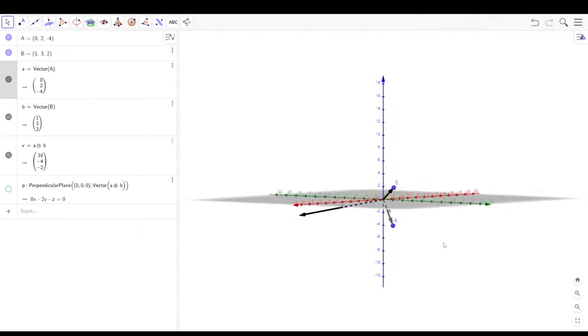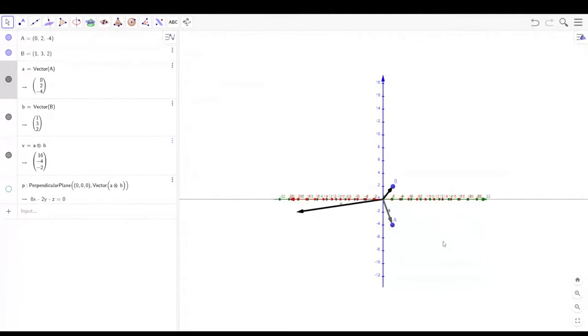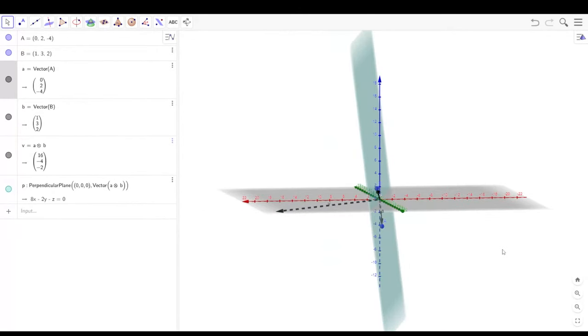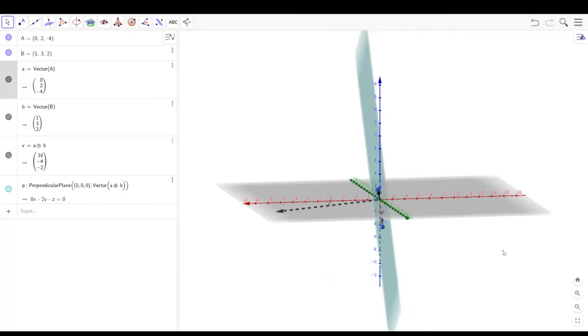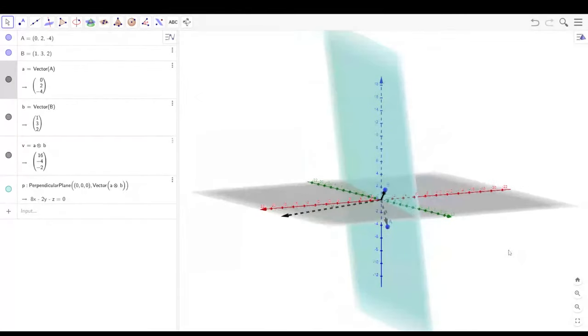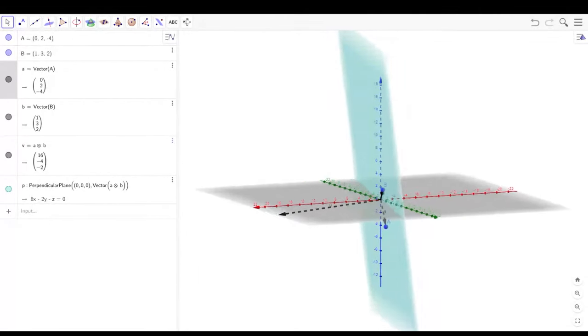Okay. So what does that third longer vector actually mean? Well, I'm glad you asked. Let's look at A and B for a second. I'll put in the plane containing A and B and also going through the origin. So now you've got a plane that is parallel to the vectors A and B and goes through the origin.